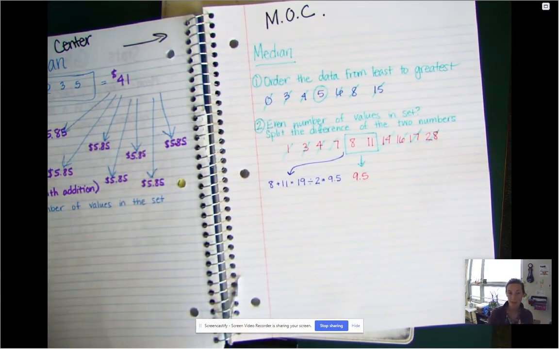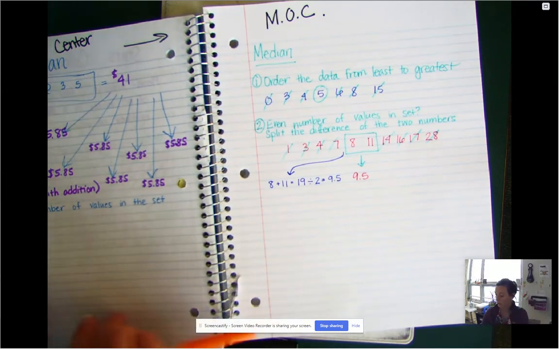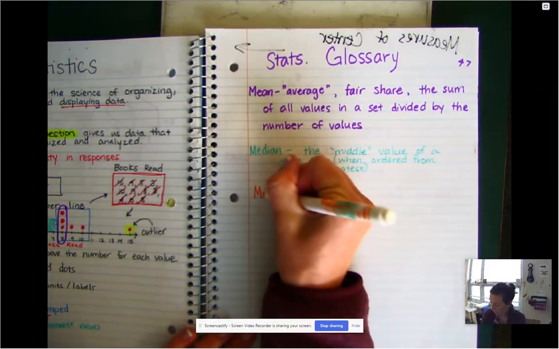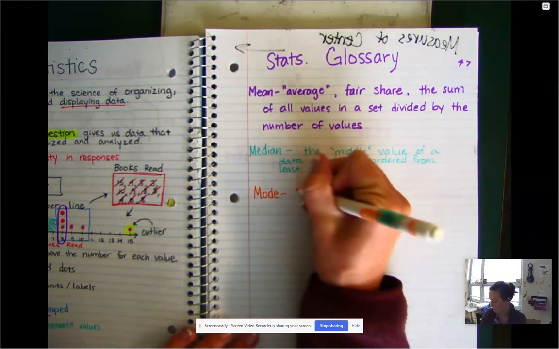So that's the median. The other word that we're going to add to our glossary and to our bank of knowledge is mode. And the mode is the value that occurs most often.